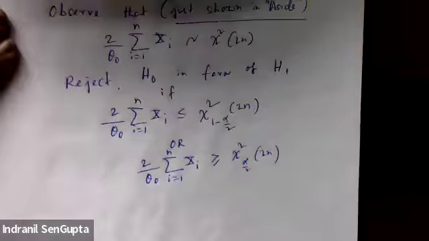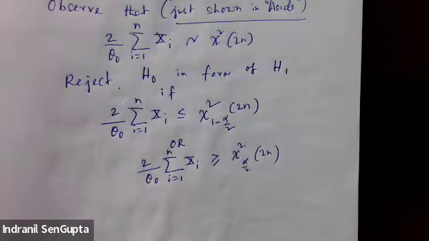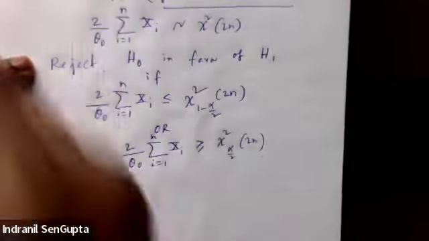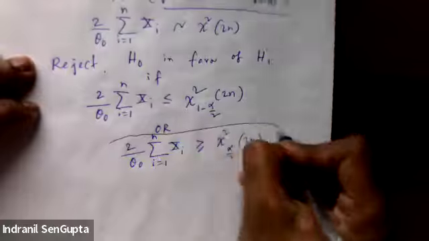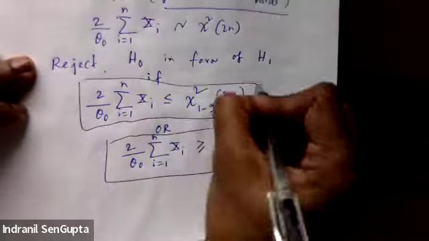Okay. So these are the quantities that we are computing based on the chi-square equivalence. So we have this one or this one, right?